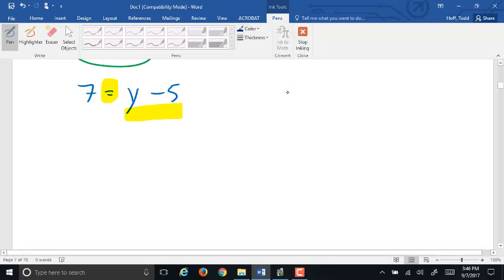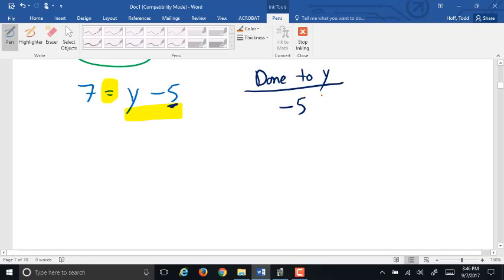Well, in this case, what's keeping y from being by itself? The 5. And what operation attaches the 5 to the y? Subtraction. So when this equation was built, what was done to the y, to the variable, was 5 was subtracted from it.